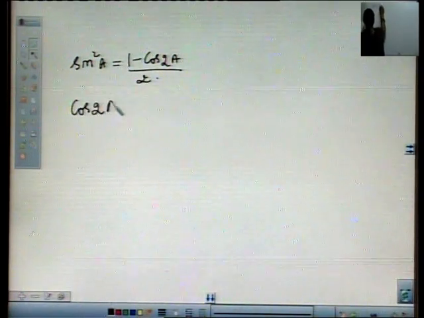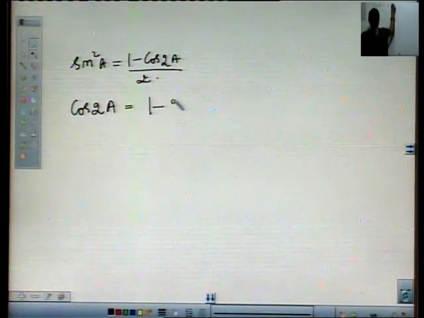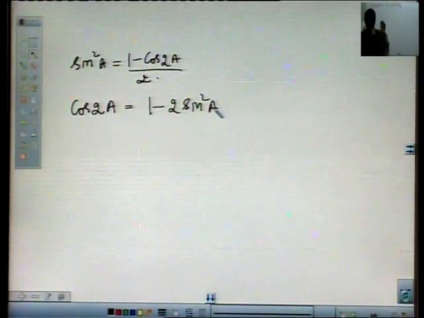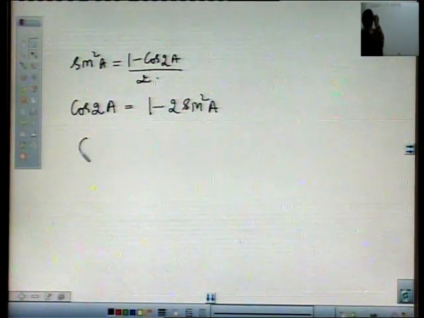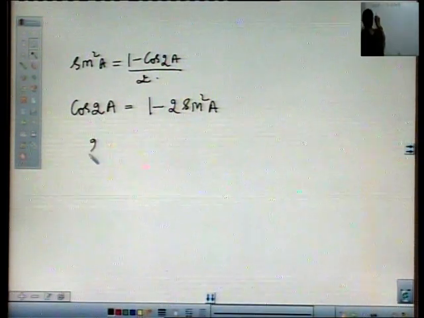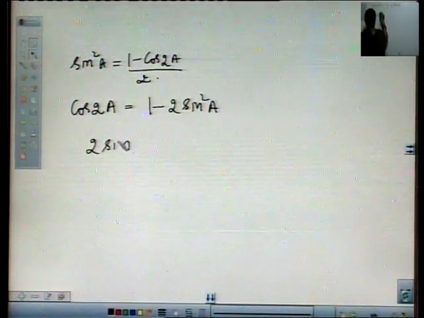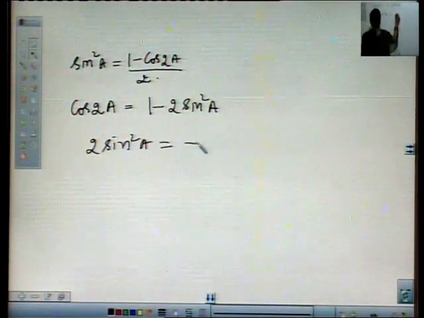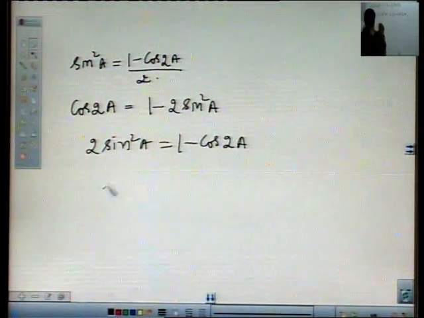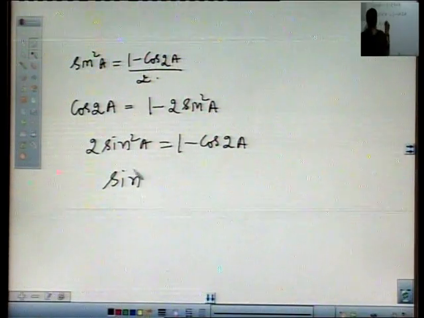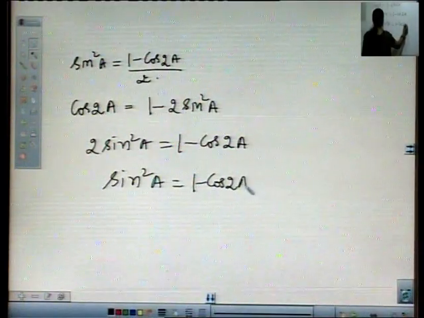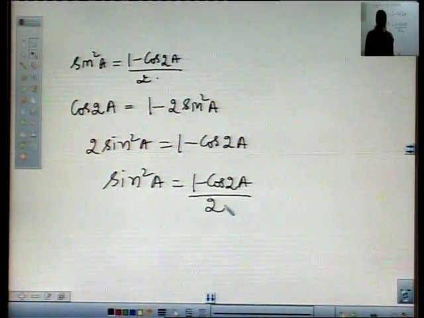We know that cos 2a is 1 minus 2 sin square a, and from here we can write 2 sin square a is equal to 1 minus cos 2a, and sin square a is equal to 1 minus cos 2a upon 2.